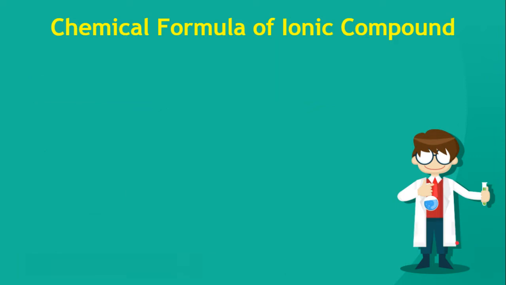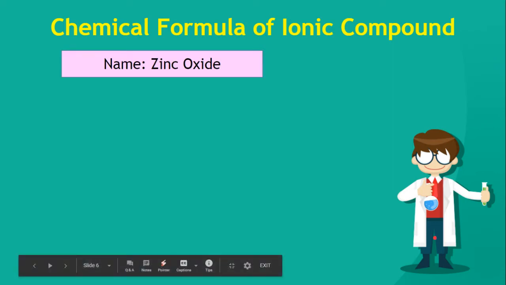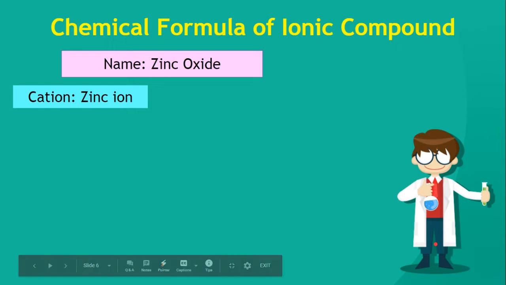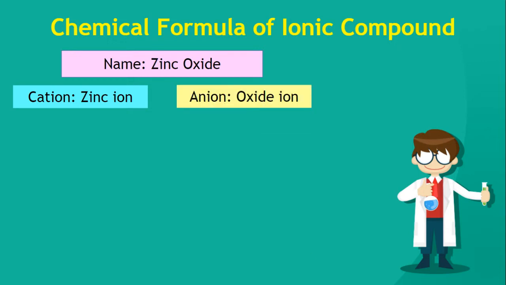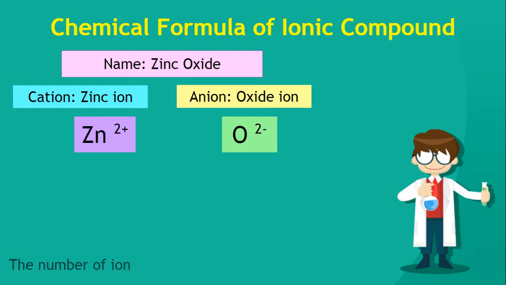We go to example number 2, zinc oxide. The cation for zinc oxide is the zinc ion, while the anion is the oxide ion. Write down the formulas: Zn2+ for zinc ion, and O2- for oxide ion. Then we determine the number of ions from the charge.